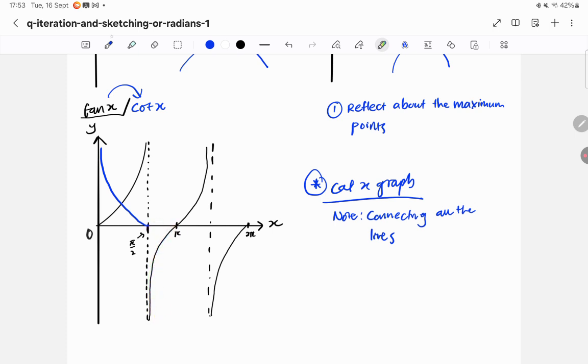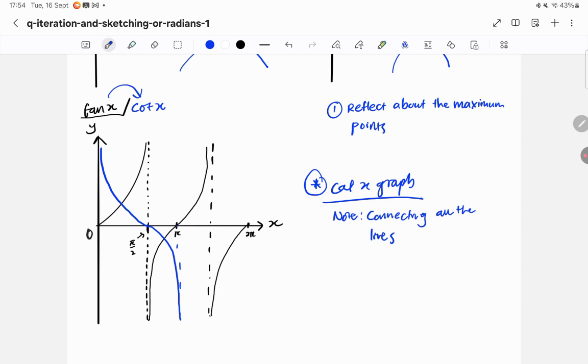And how are we going to do that? Like I said, there's an invisible middle line here, and we're just going to reflect about that. So this segment on top will go here and the bottom part will go here. So you'd get something like this. This is a really bad drawing, by the way. Yeah, something like that.